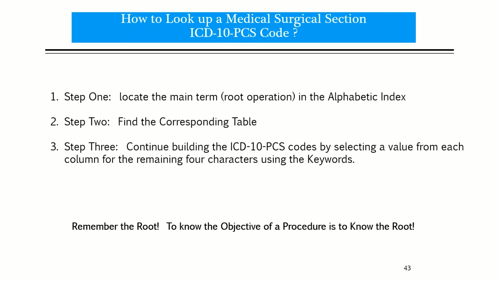Number 3, continue to build your ICD-10-PCS codes by selecting a value from each column of your corresponding table, for the remaining 4 characters using the keywords in your documentation. And 4, review all guidelines.